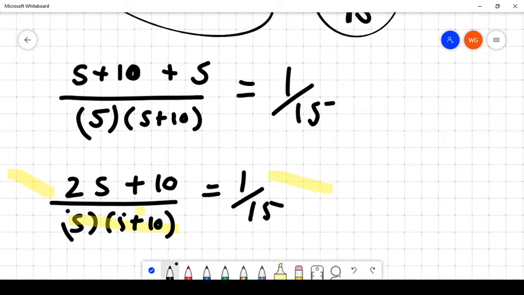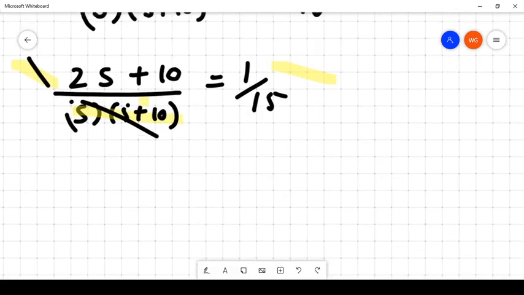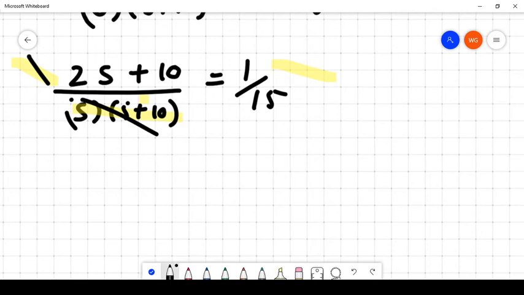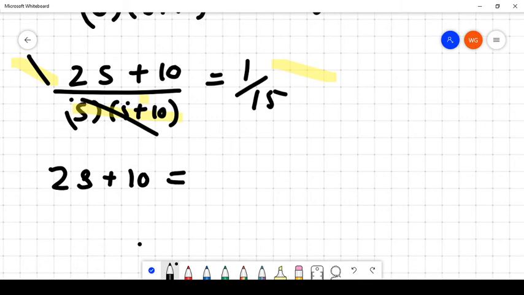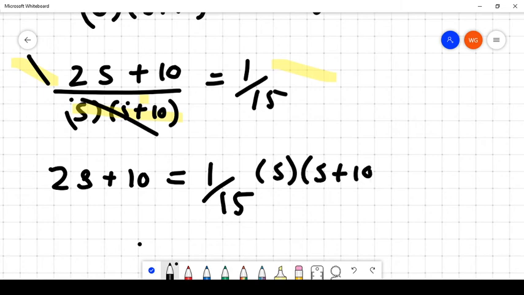So on the left side, it's going to just cancel out. And what I'm going to be left with now on the right side is as follows. On the left, I'll have 2S plus 10 equals 1 over 15 times S times S plus 10, okay?